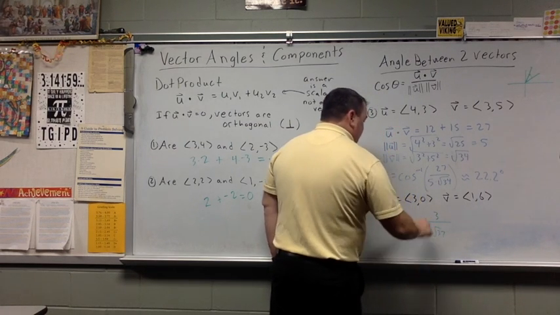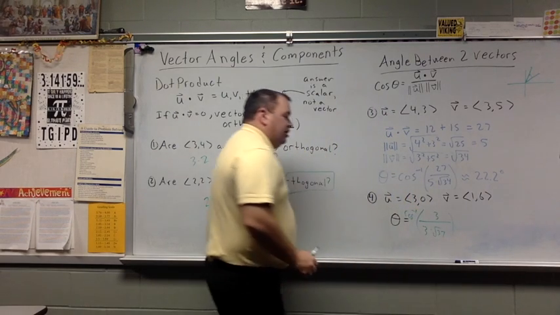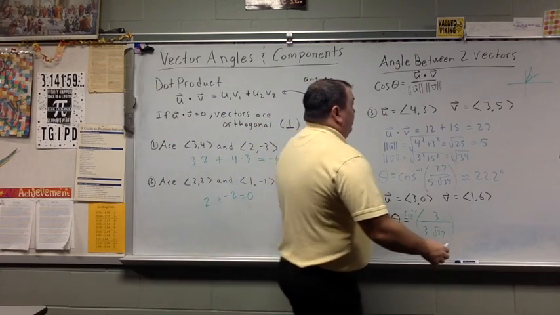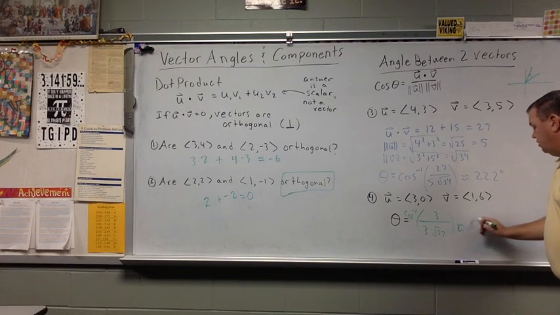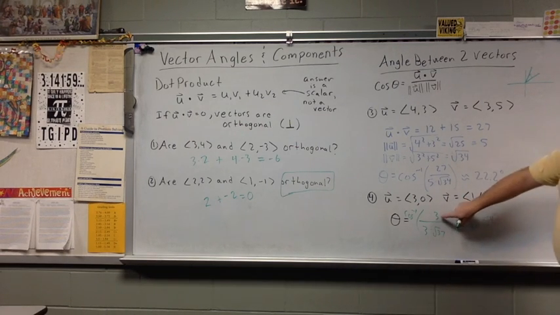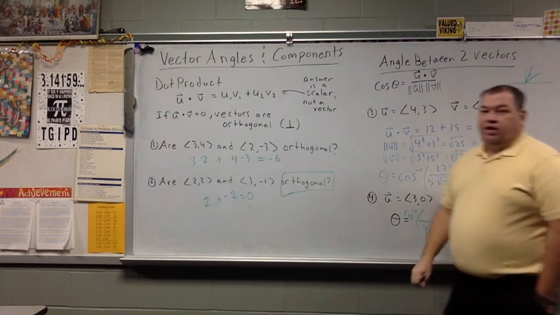I multiply those, and I have to do the inverse cosine of that fraction, that decimal, and this is going to be an angle of about 80.54 degrees. So if I draw out this vector, I get that angle. And I know it's not an orthogonal or a 90-degree angle because I didn't get 0 when I did the dot product. If I did, I could stop and say they're 90 degrees.